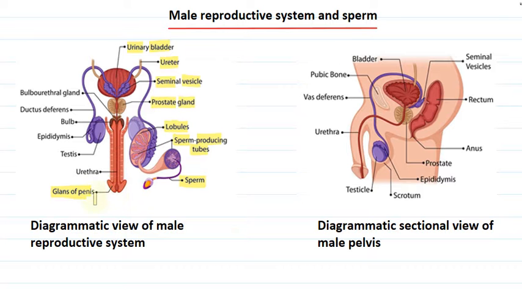Okay. So now we know that glans of the penis is the tip of the penis and penis is the male external genitalia that helps in transferring of urine. It helps in passing the urine outside the body as well as it helps in transferring of sperms or semen from the male reproductive tract to the female reproductive tract during coitus.